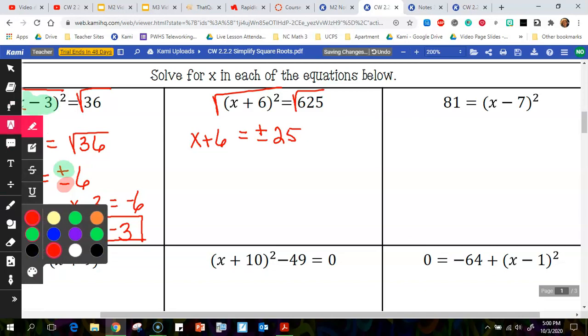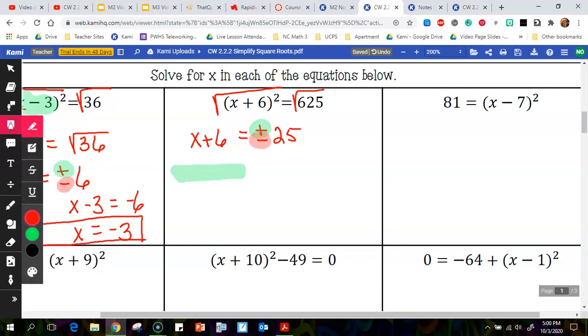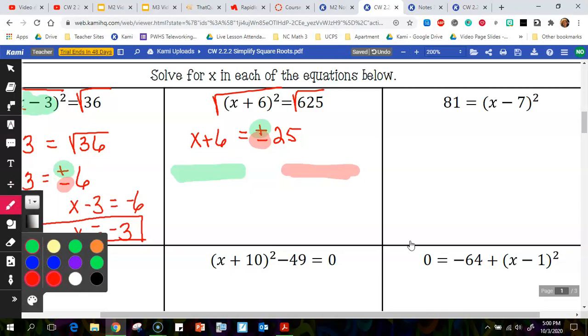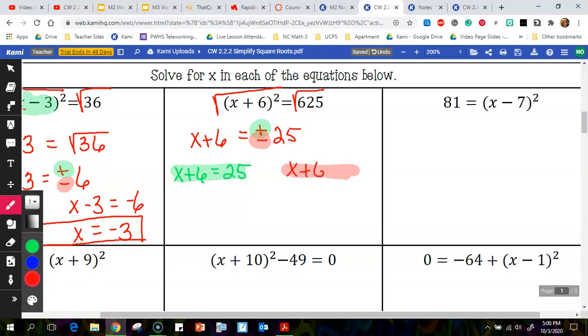So then again, I'm going to do the positive over here and the negative over here. So I'm going to set up two different equations. So my positive, I'm going to set up x plus 6 equals 25. And then the negative, x plus 6 equals negative 25.